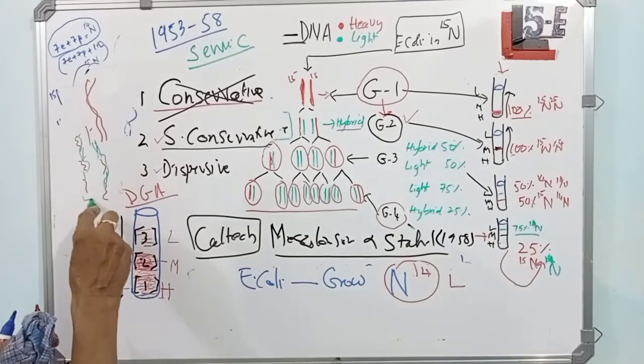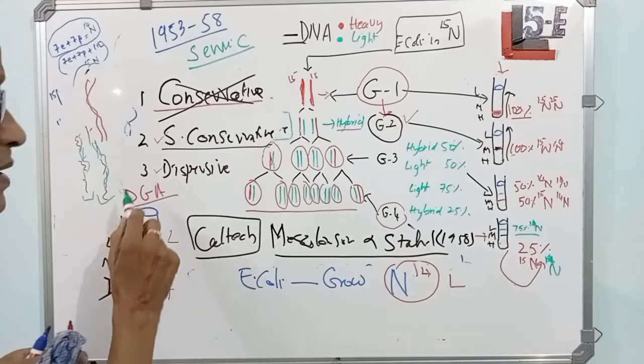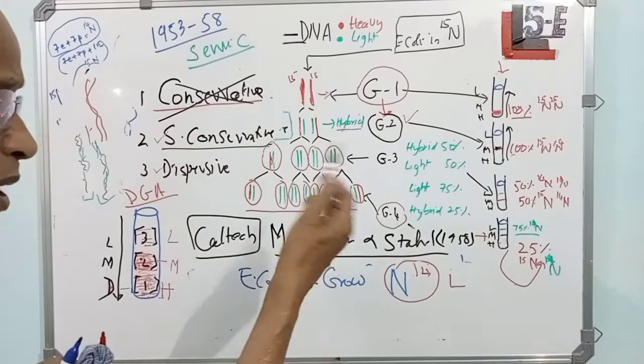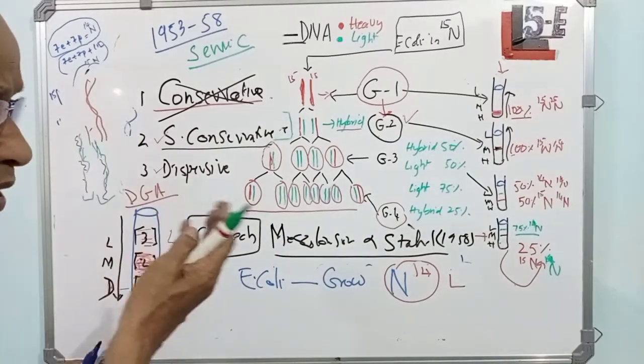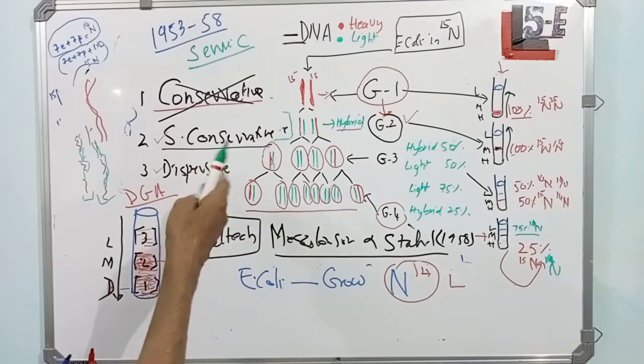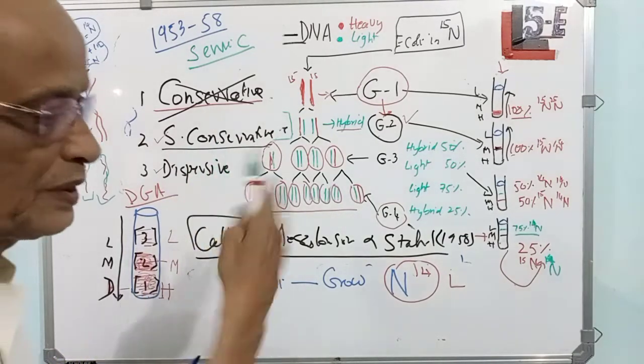That means 50% of the parental DNA and 50% of the new DNA will form. That may also be 50%. So they thought it may be either semi-conservative or dispersive. That means there should be something in between that.